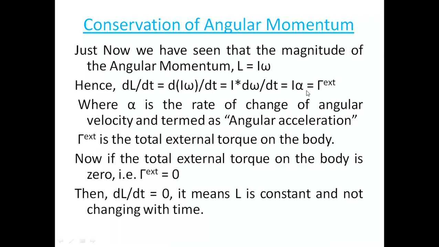So I alpha equals gamma external, where gamma external is the total external torque on the body.